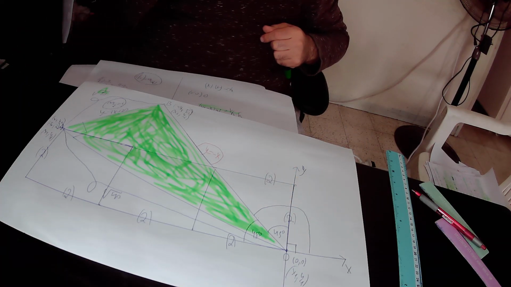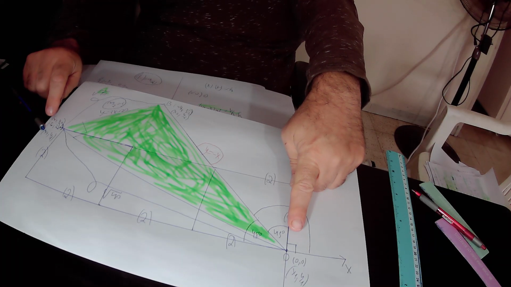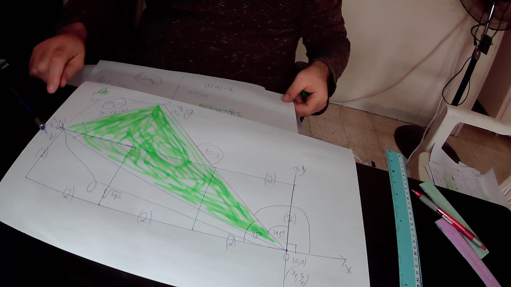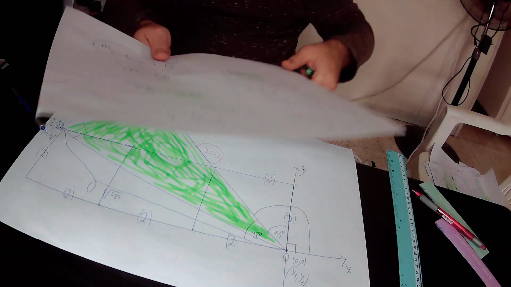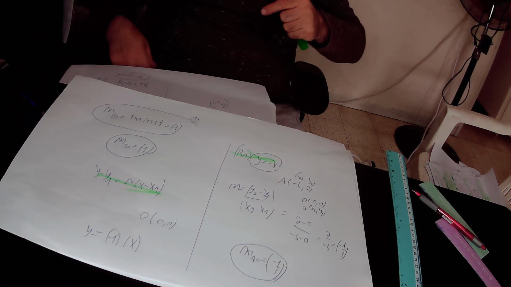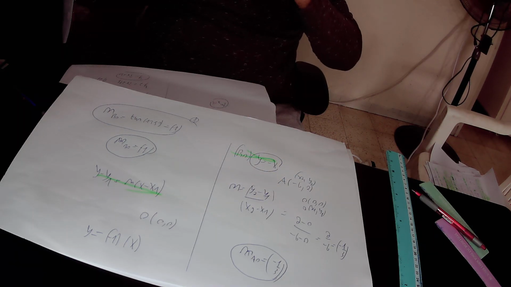And because we know the values of the 2 points that are both located on the straight line AO, we can easily find the slope of this straight line AO according to the following formula. The slope m equals y2 minus y1 over x2 minus x1.